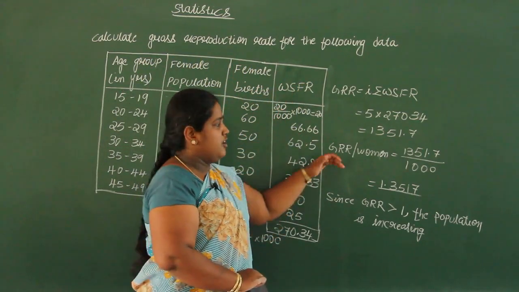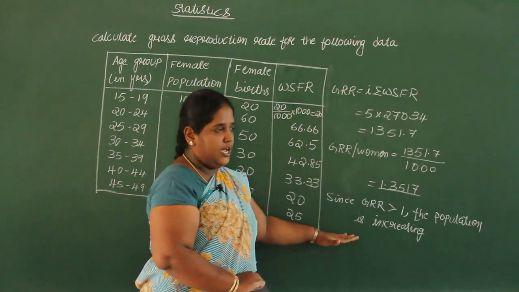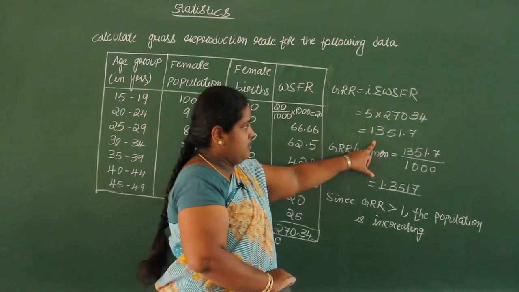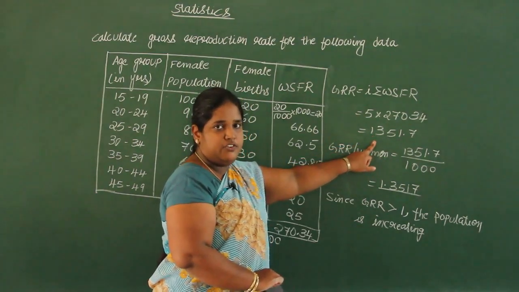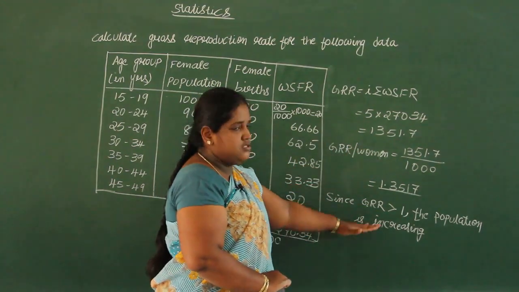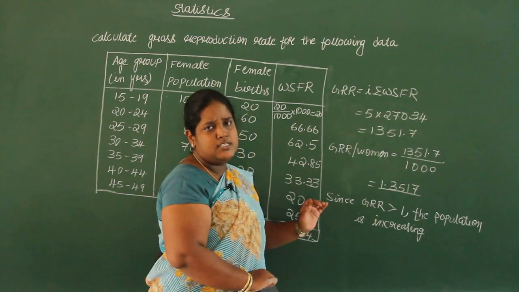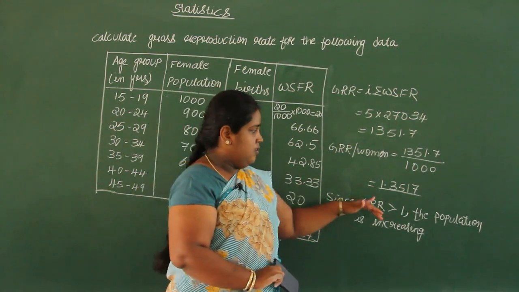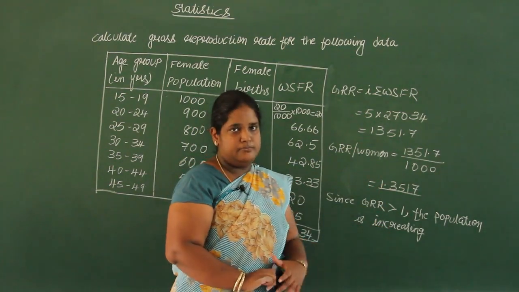At that time it's not compulsory to write this comment. It is enough if you do it up to the calculation part, that is 1351.7. If they have asked for a comment, it is compulsory to do this. In 10 marks, whether they have asked to comment or not, you have to write the comment.